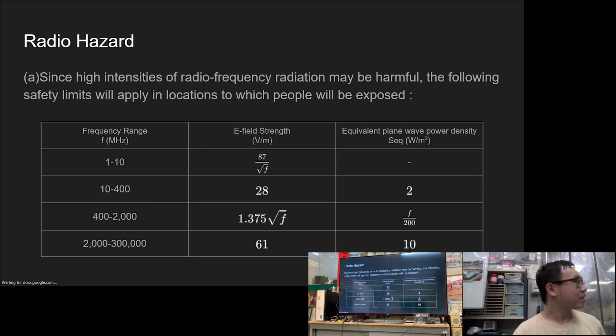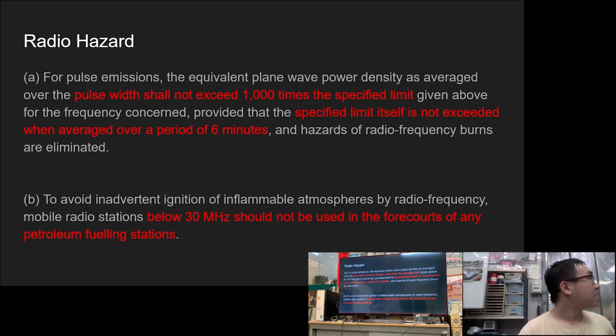Memorize them. Really. Okay. For pulse, you are not going to exceed 1,000 times the specified limit, given the frequency, and the limit itself is not exceeded averaged over a period of 6 minutes. So I will interpret it in this way.